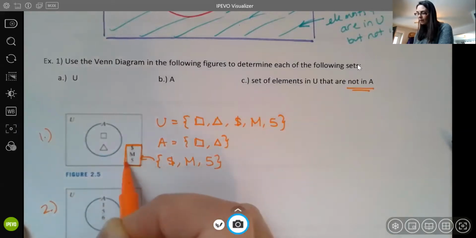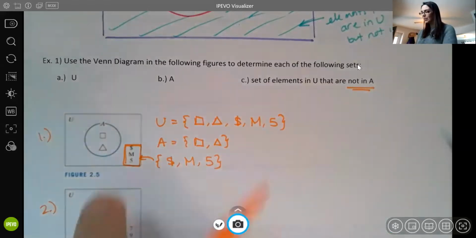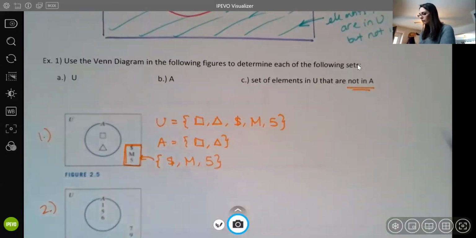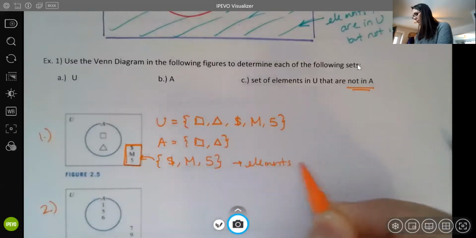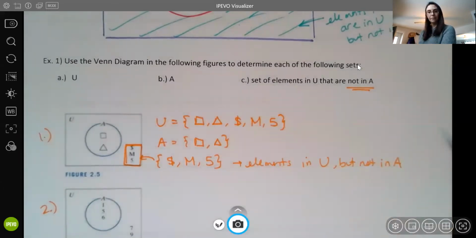See how they're in the rectangle, but they're not in the circle? So they're part of the universal set, but they're not part of A. We typically write those elements in the corner, although you don't have to. So these are elements in U, but not in A.